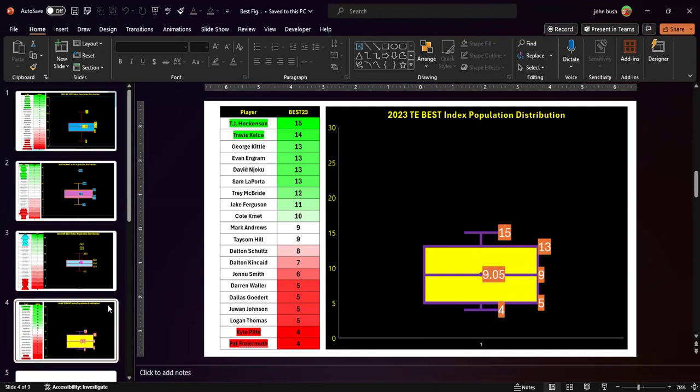And everybody else, you could subdivide the box above or below the median there at 9. So the distribution of tight ends confounds me. You have to judge them differently than all the others. The tight ends are just so weird that way compared to some of the others here.